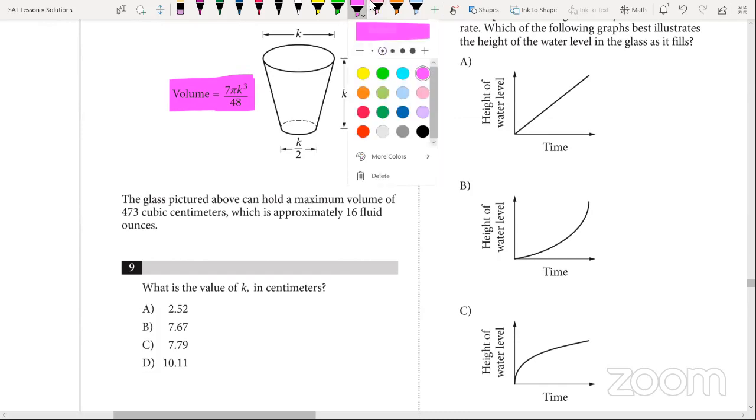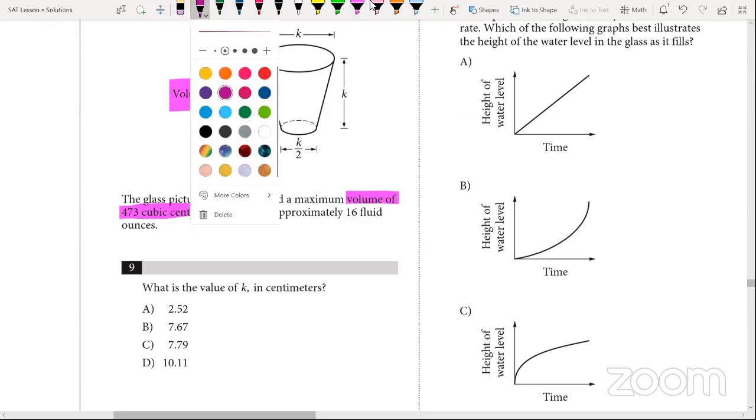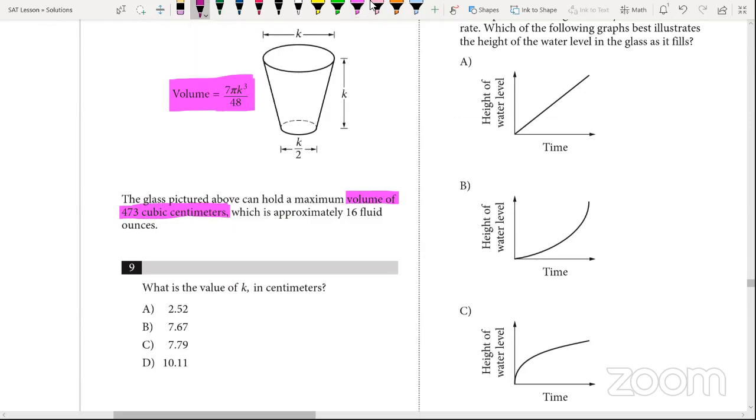But then right here, they're telling us that the volume is 473 cubic centimeters. So they're both equal to the volume, so they're equal to each other. So let's go ahead and say 7 pi k cubed over 48 equals 473. And now we're just solving for k step by step.